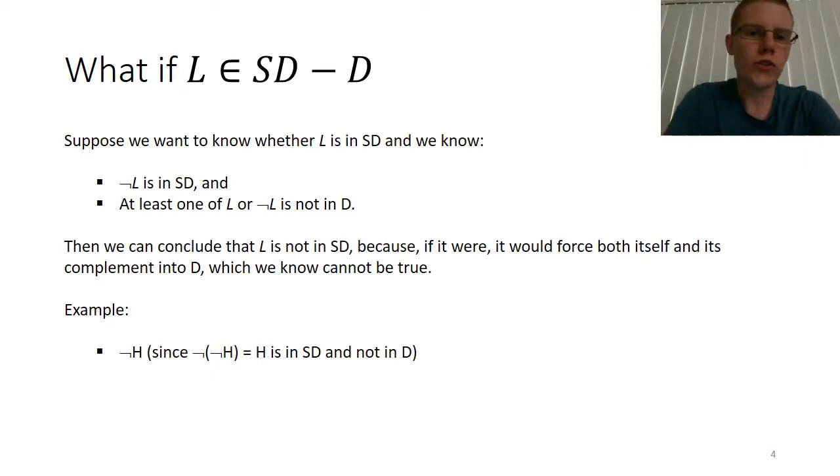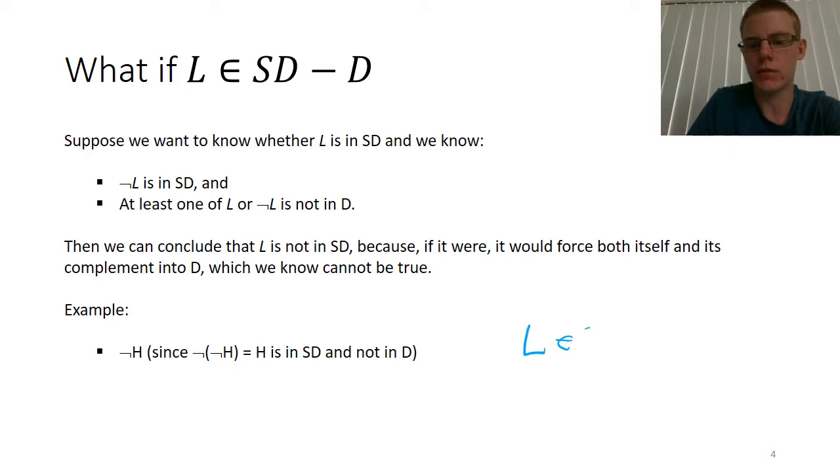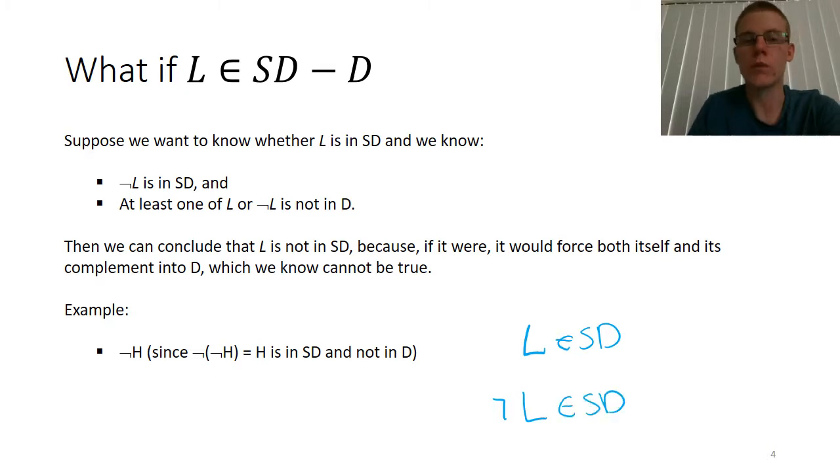Now, one thing you should remember is that if we have a language that is semi-decidable, and we show that its complement is also semi-decidable, then we've actually shown that the original language was decidable.